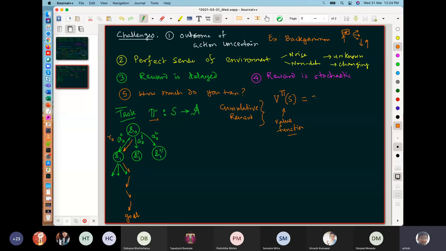So the immediate reward I get at state Si, choosing the policy pi, which is A0 followed by A1, followed by An, is the immediate reward plus a little bit of discount on the reward for the next state, plus a more discounted reward for the next state, and so on.